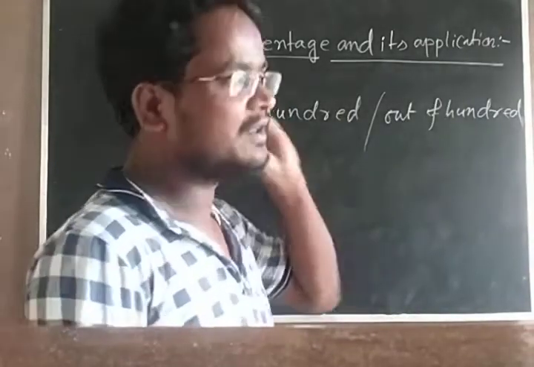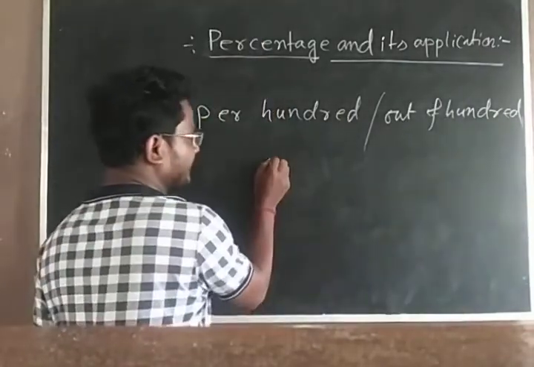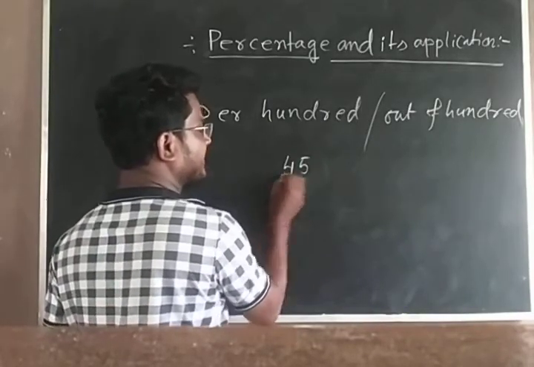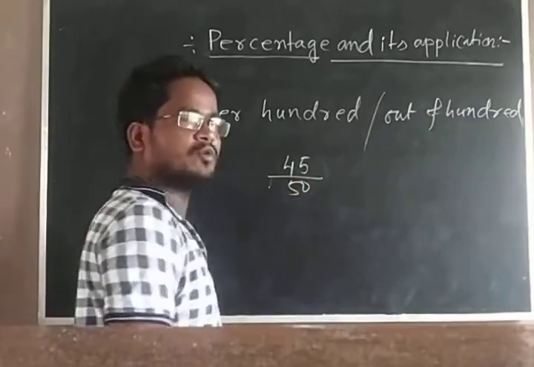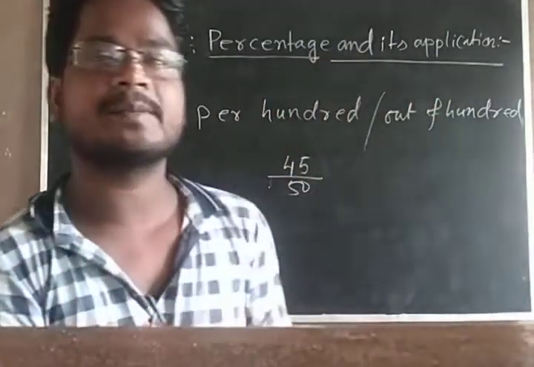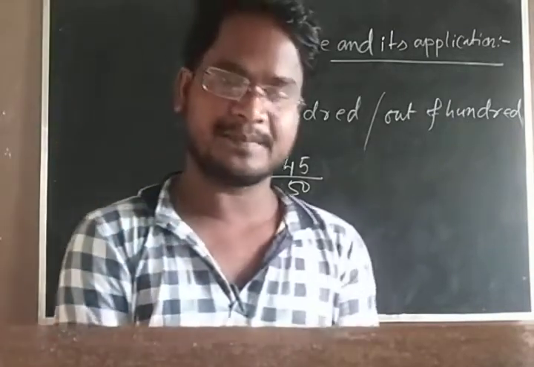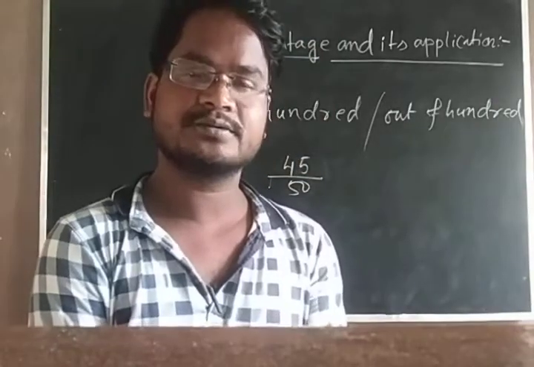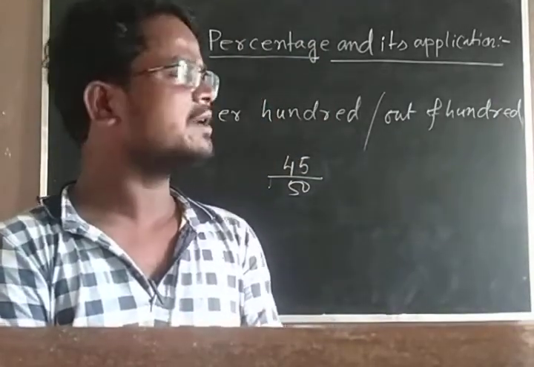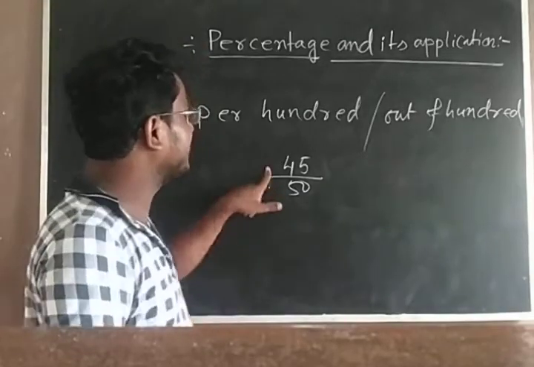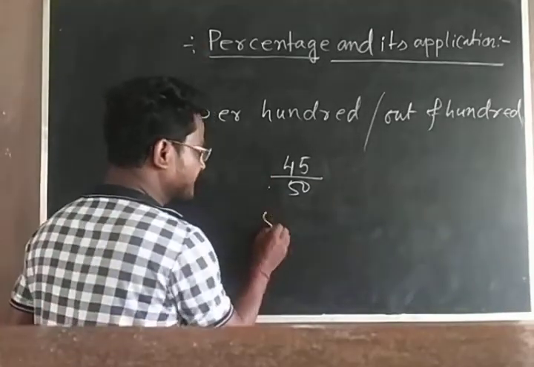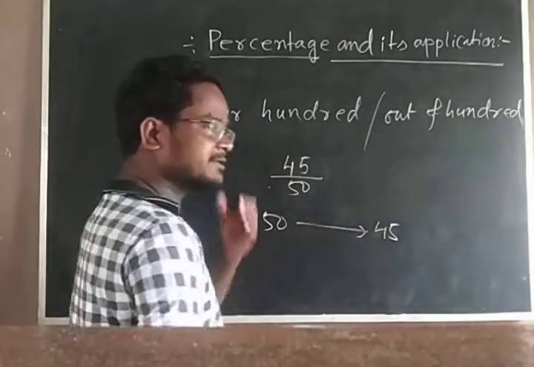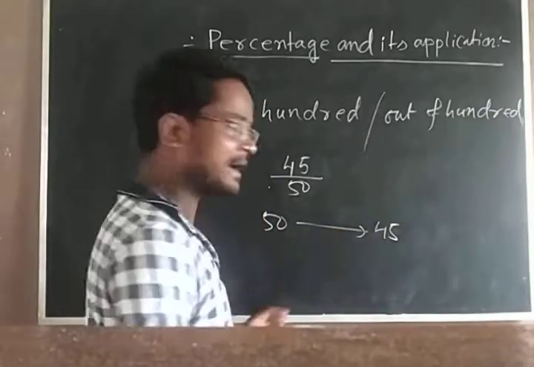Suppose in a math exam, Meghna got 45 out of 50. I asked Meghna, how much did you get? Sir, 45 out of 50. Then out of 100, what is your mark? Sir, I have to calculate. If it was a 50 marks exam, then Meghna got 45.